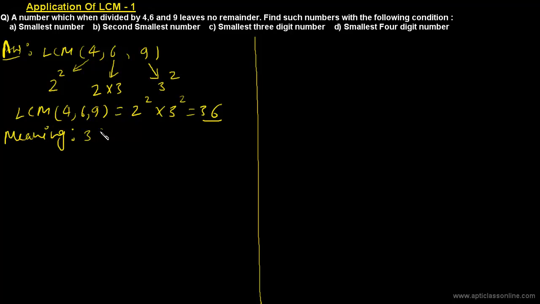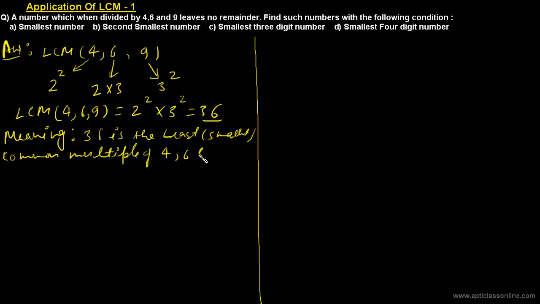So 36 is the least, or in other words the smallest, common multiple of 4, 6 and 9. So 36 is the smallest common multiple of 4, 6 and 9.